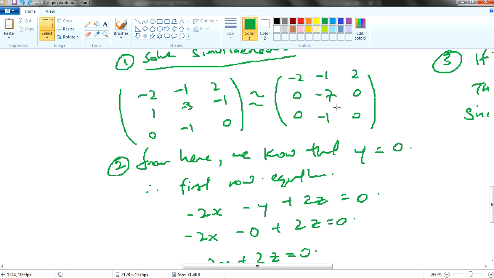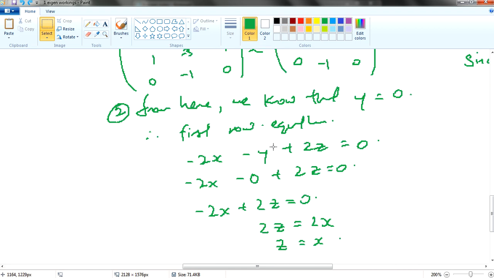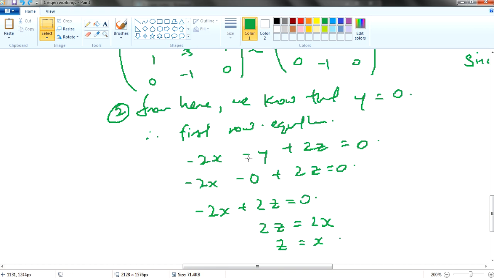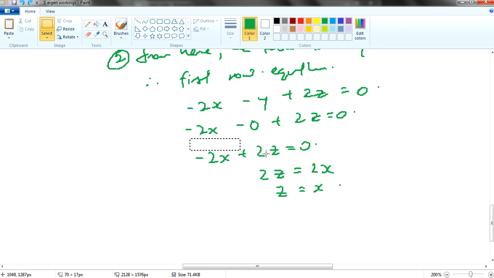It tells you that -1y and -7y is equals to 0. So therefore, y is equals to 0. Since y is equals to 0, and you have this three variable equation over here, just sub in y equals to 0, you'll get -2x plus 2z equals to 0. Therefore 2z, bring this here, equals to 2x, and z equals to x.